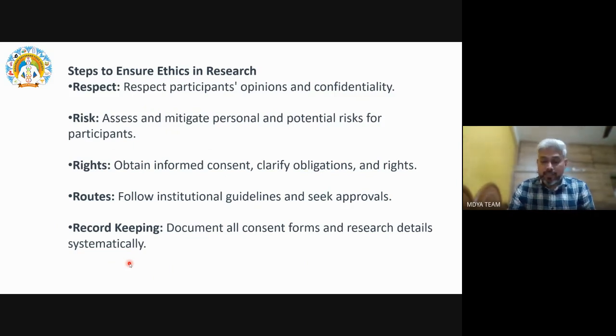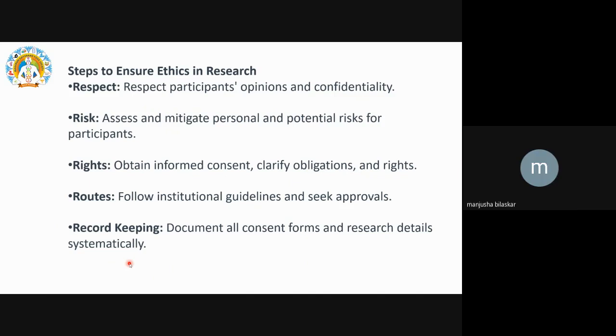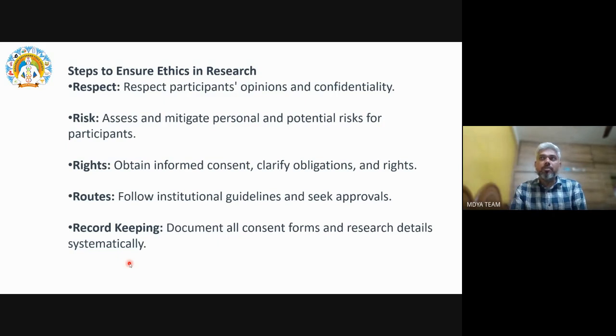Sir, the informed consent has to be taken every time, like what you talked about right now. Even if you are conducting some other research next time and you require the same questionnaire, the same format, you need to ask again. If your topic has changed, then you will go for approvals of your research, acceptance of your research.